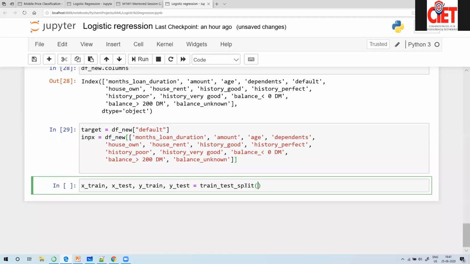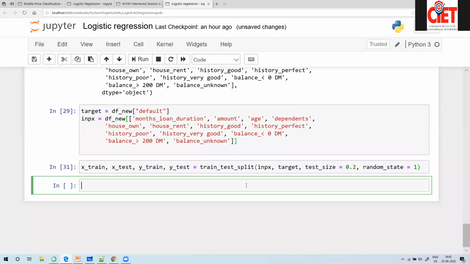Here our input is input X, target is target, test underscore size is equal to 0.2 and random underscore state is equal to 1.